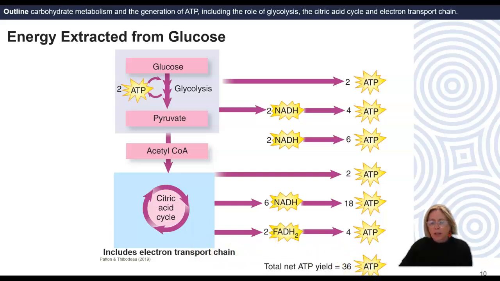And in this cell, this is releasing 34 ATPs. And if you add on those two there, you get 36, okay? In some cells that are highly metabolic, such as heart and liver cells, it can be up to 38, as I mentioned on the previous slide.